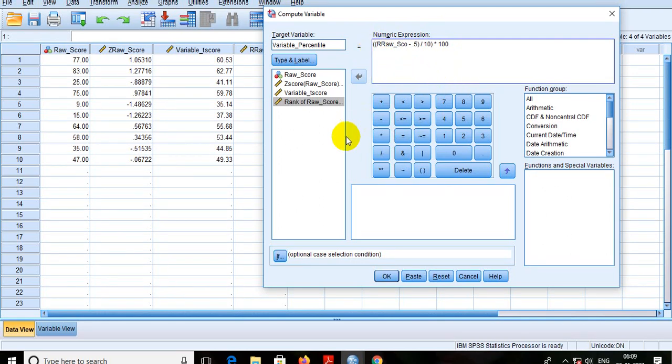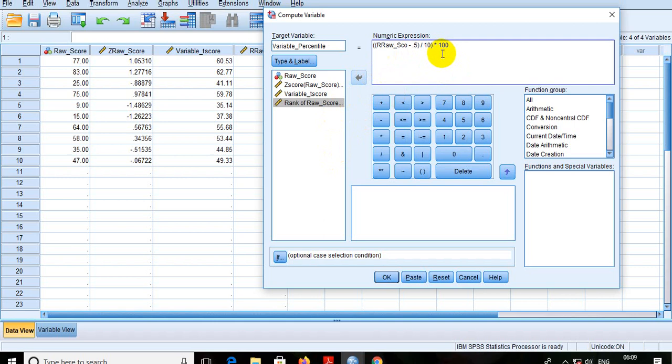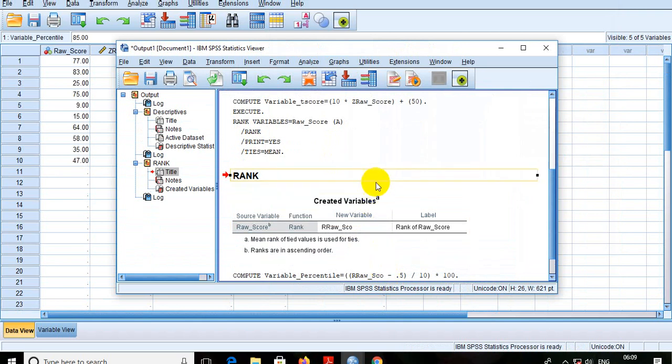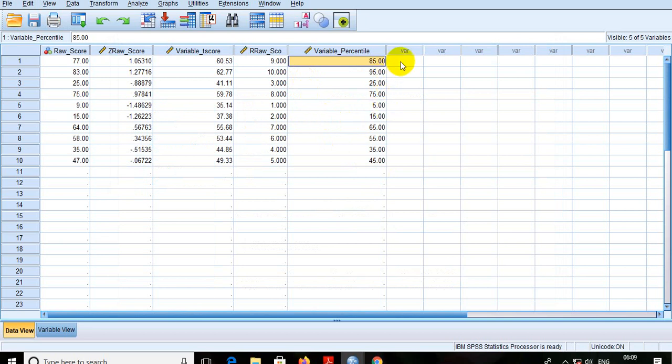Ranking score minus 0.5 and division by 10, this sample, multiply by 100, you see. Okay, we can see now the variable percentile score.